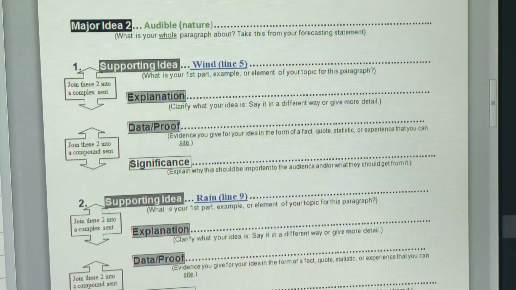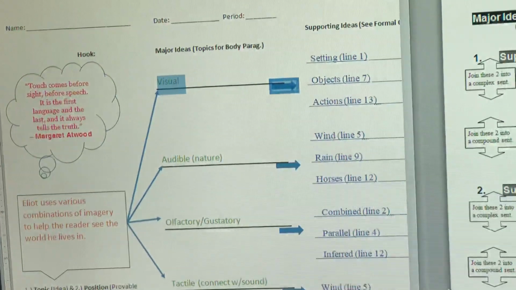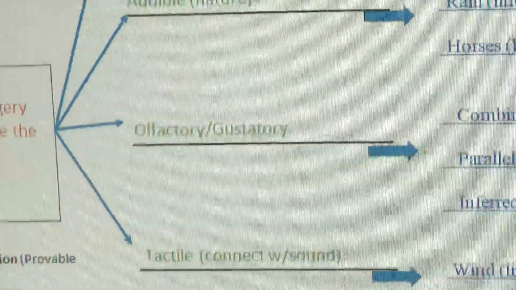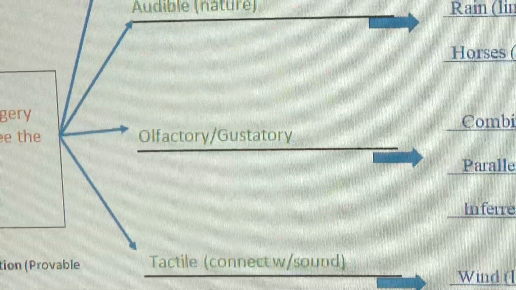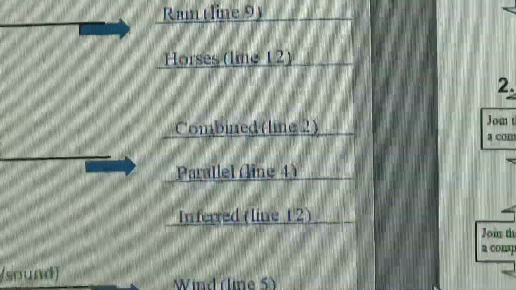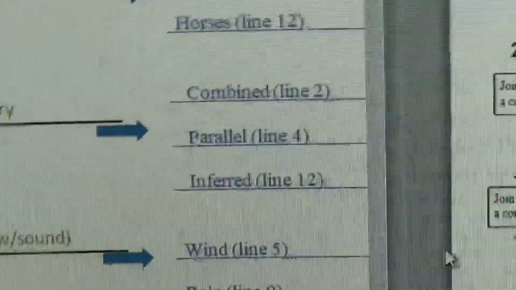Now I just continue to do this process for the other 2 body paragraphs. Over here, as you remember, we have smell and taste imagery, olfactory and gustatory, and tactile imagery, along with their supporting ideas.